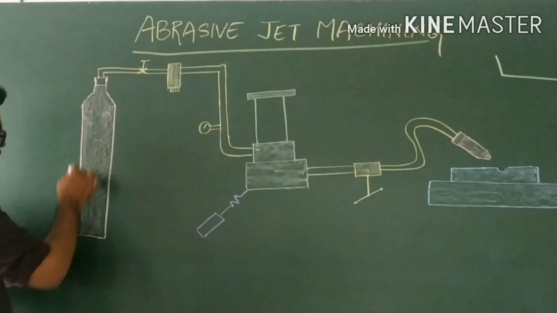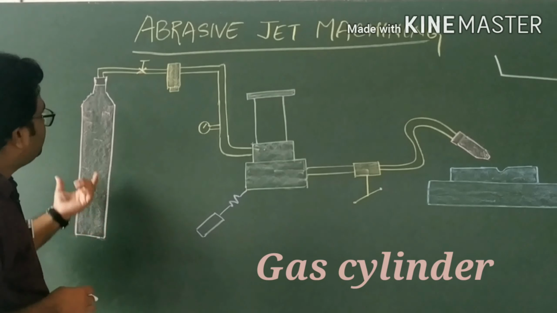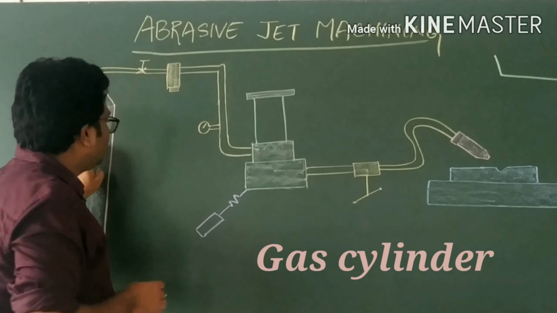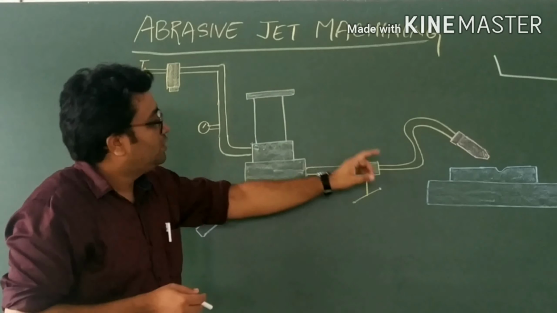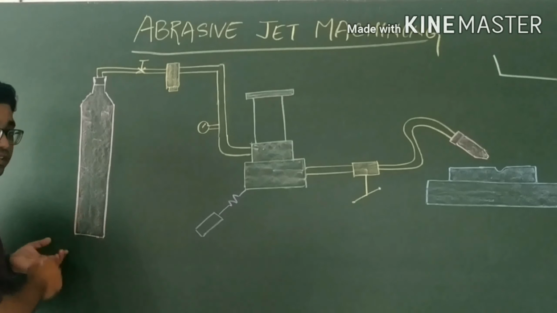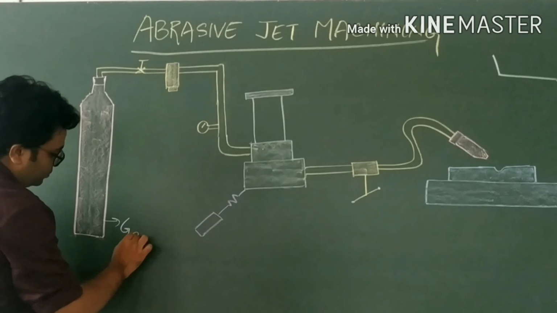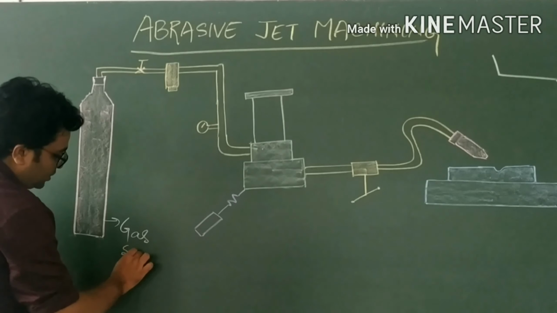First of all, there is a gas cylinder, which is the main supply for the machining process. This is a cylinder which contains the compressed gas. This is the gas supply.